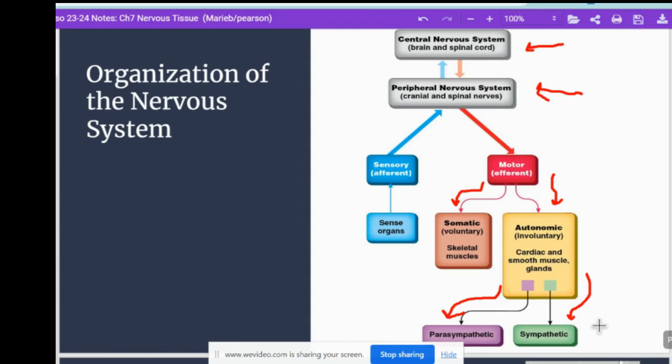So that's increased blood pressure, increased sweating, increased heart rate, increased breathing. So this is the organization of the nervous system in pictorial form. And remember, sensory going to the peripheral nervous system and then to the central nervous system. Remember, that's afferent, and when it's coming out, that's efferent.